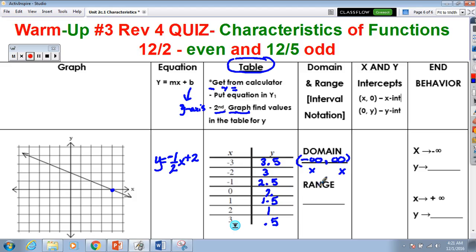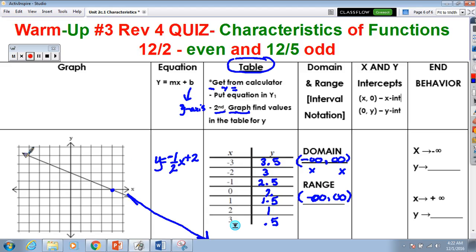Okay? Range deals with y, so the y values will go down to negative infinity, and they will go up to positive infinity, because this line keeps going down, down, down, down, down, and the largest negative number you can think of is negative infinity.